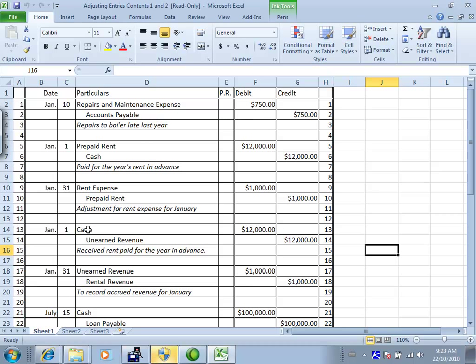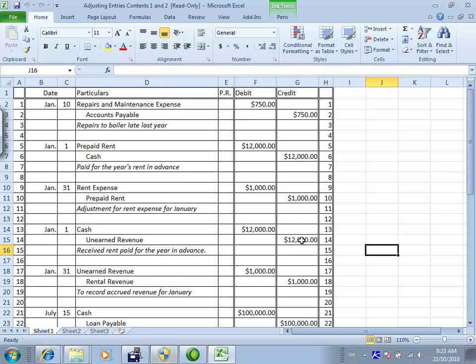So the company that's renting out the property gets $12,000 in cash, and so they would credit an account called unearned revenue. So this is an account that keeps track of how much revenue this company should get over the period of a year for that rental property. And every month, they would take $1,000 out of that unearned revenue, and here it is right here, it's coming out of the unearned revenue.